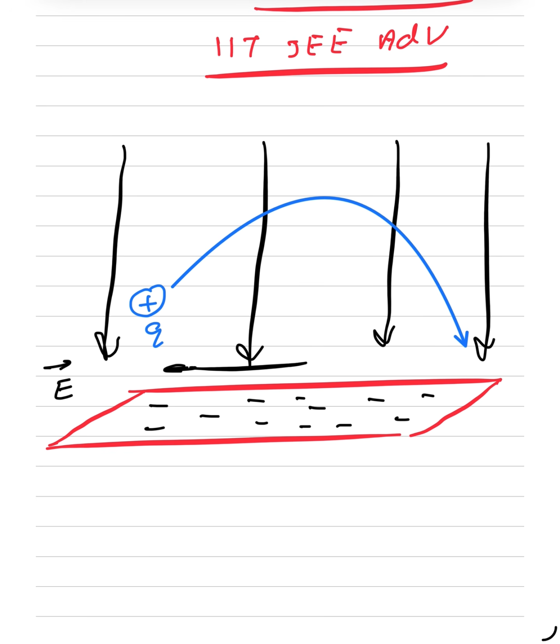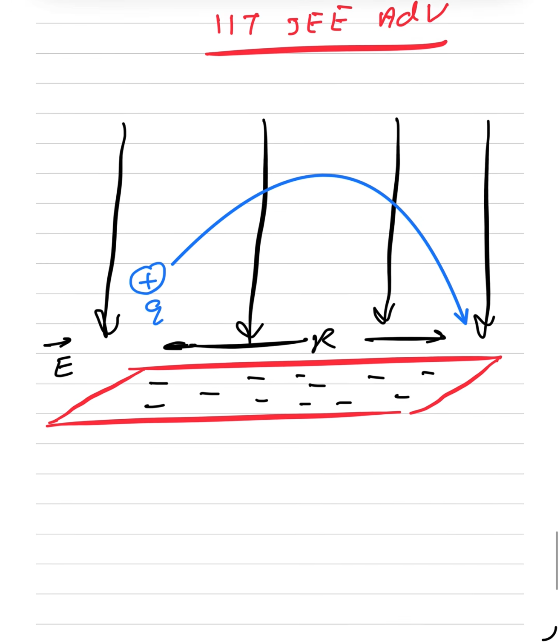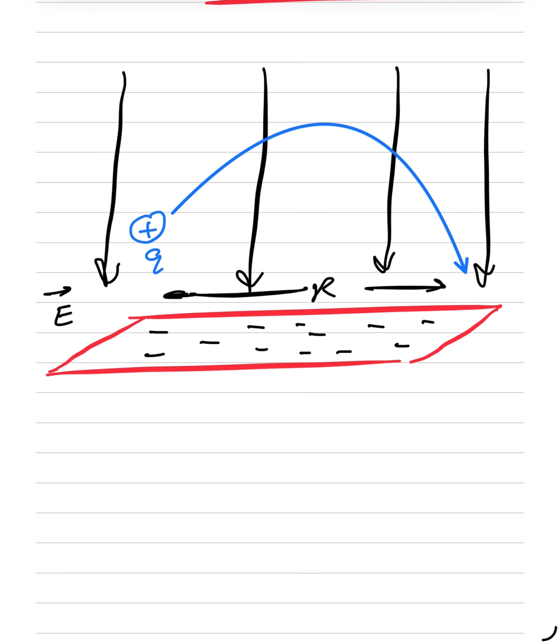This is the horizontal range. Here we first calculate the effective acceleration, meaning the acceleration due to the electric field, vertically downward, because this is a positive charge and this is a negative plate. The electrical force divided by mass is the electrical acceleration, and gravity also acts vertically downward, so g effective equals g plus qE divided by m.